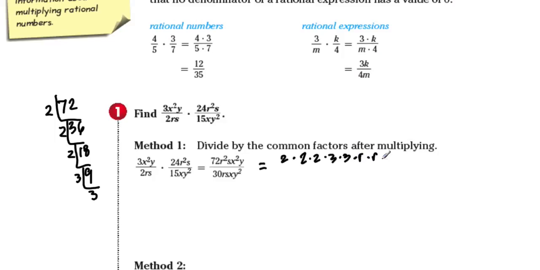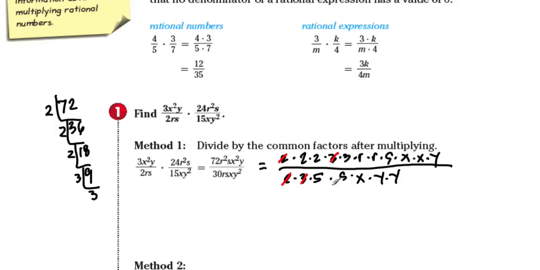R times r times s times x times x times y, all over the prime factorization of 30, which would be 2 times 3 times 5 times s times x times y, and we start canceling our common factors. That's a 1, that's a 1 right here. 2 over 2 is 1, and 3 over 3 is a 1.